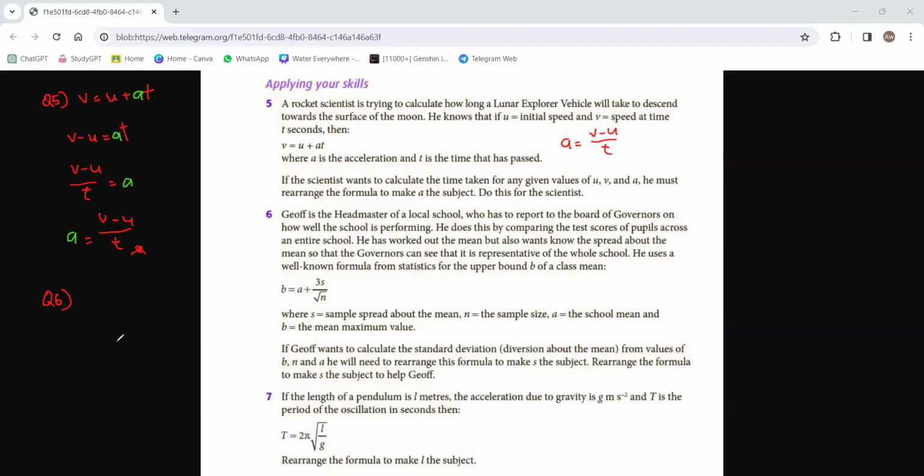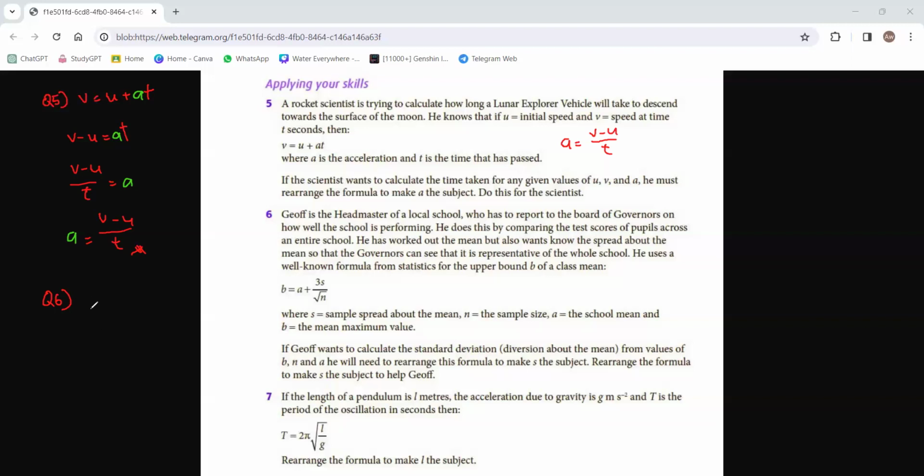A is the school mean, whereas B is the mean of maximum value. If Geoff wants to calculate the standard deviation about the mean from the values of B, n, and A, he will need to rearrange this formula to make S the subject. Rearrange the formula to make S the subject to help Geoff.